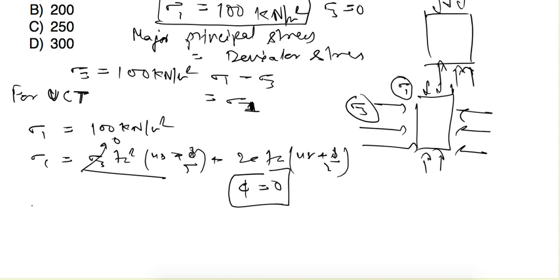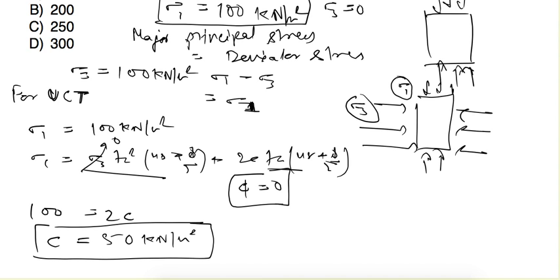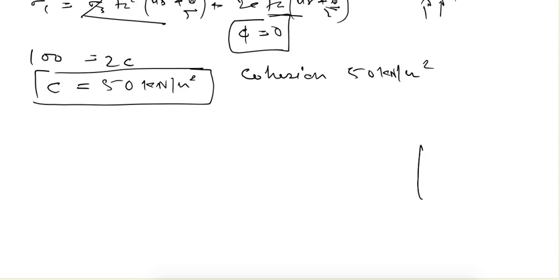So sigma 1 is equal to 100 and phi is equal to 0, so this term will become 1. 100 is equal to 2c, so from here c is equal to 50 kilonewton per meter square. So from the first test we know that the value of cohesion for this soil is 50 kilonewton per meter square. Now we are testing one more sample, so for this sample also C is equal to 50 kilonewton per meter square.